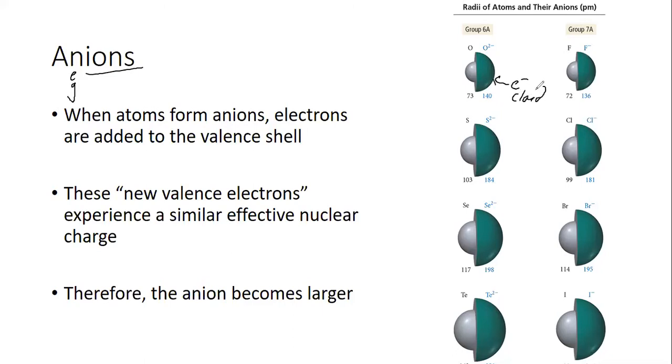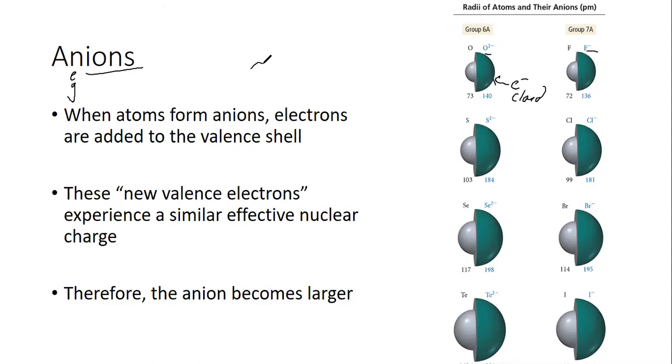So you're having repulsion. This cloud is growing, and in essence, our atom is growing when we become an anion. It's the same idea here: the more negative charge you have, the bigger your atom becomes.